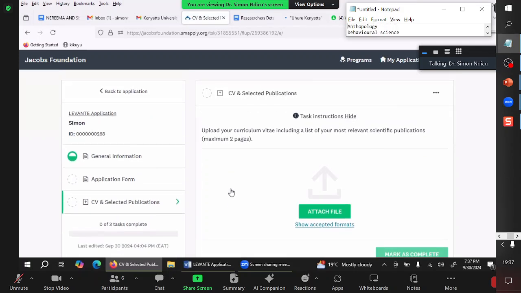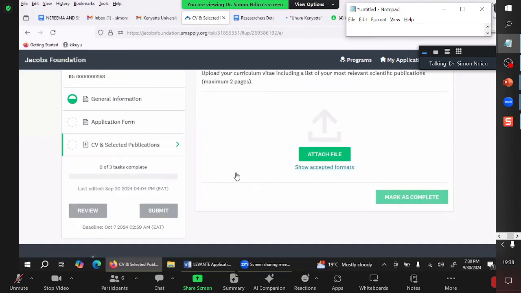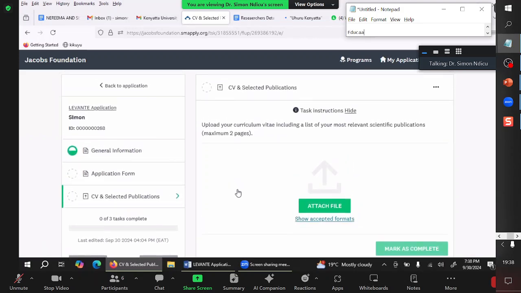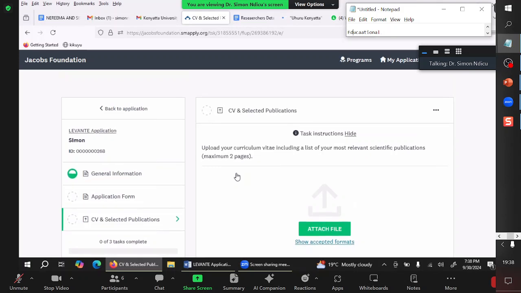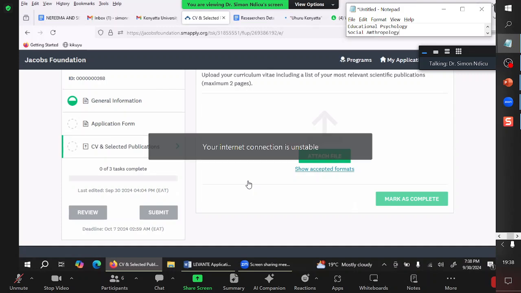So the PI is supposed to attach CVs here, maximum of 2 pages, and also the publications here. So I think, Chair, at this point, if you have been able to agree on who is the PI, she can also familiarize herself with the portal. So, Chair, I submit.